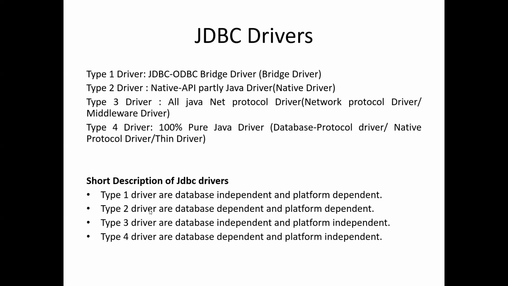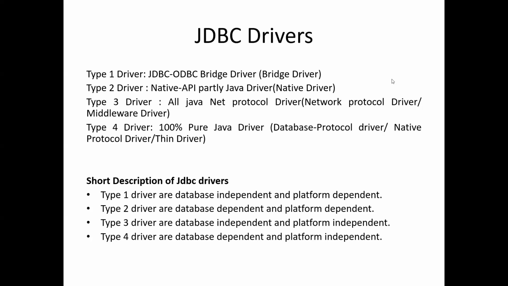The second type of driver is the type 2 driver. This is database dependent and platform dependent also. So type 2 driver: database dependent and platform dependent. Type 3 driver: database independent and platform independent also. So this is also a very important driver, because it is database independent and platform independent.